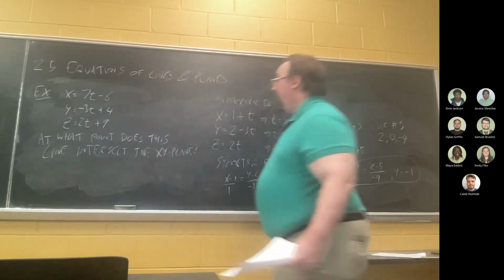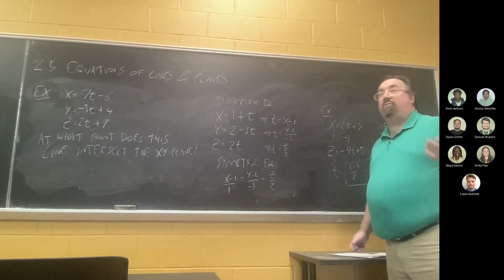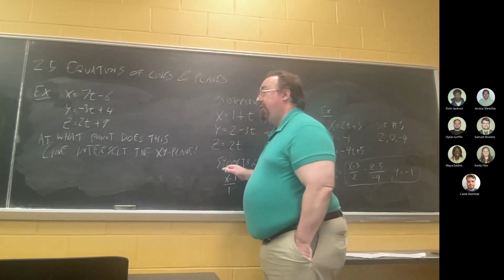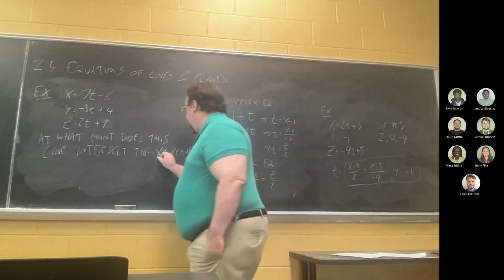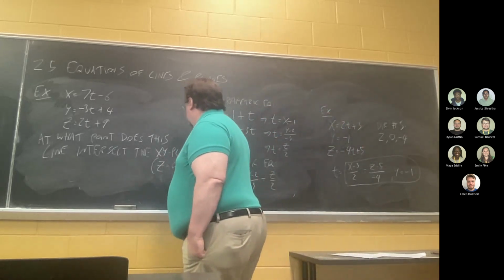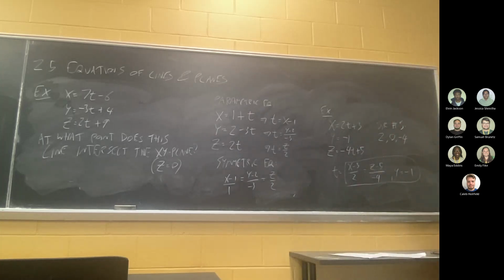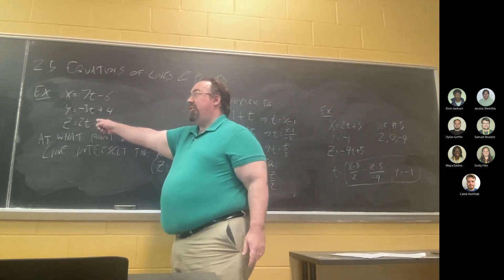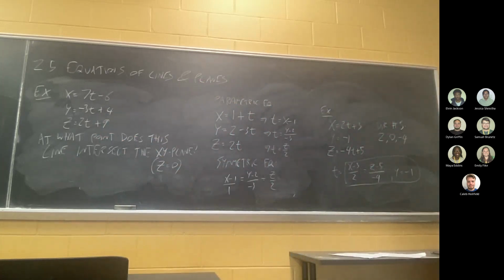To answer that question, you need an equation that describes the xy plane. Well, the xy plane consists of all points in three-dimensional space that have a z coordinate of 0. So in other words, you want to find a point at which these three equations are satisfied, so that the point's on the line, and this equation is also satisfied, so the point is in the plane.